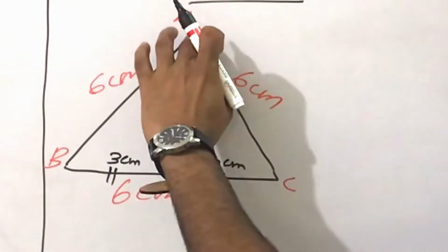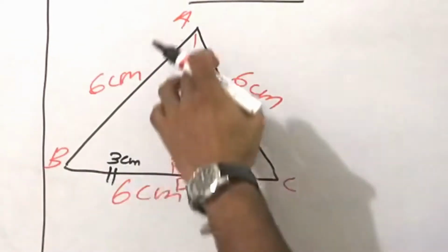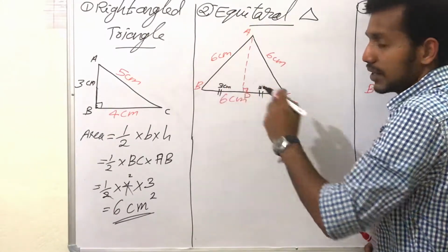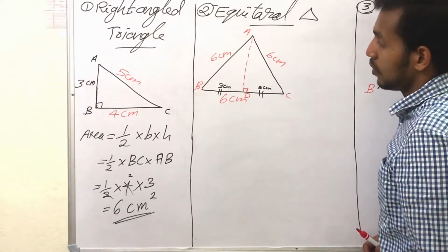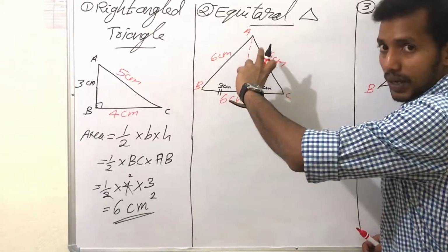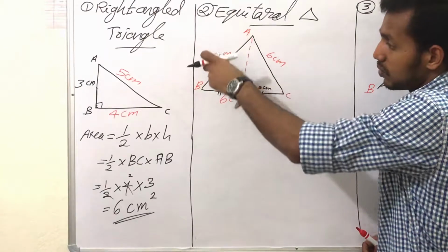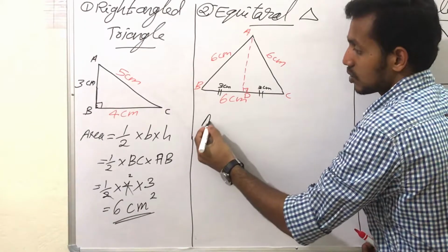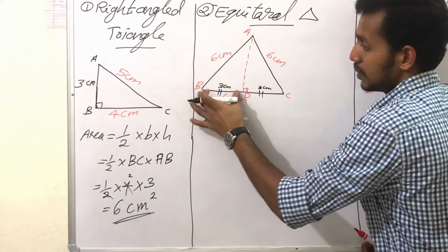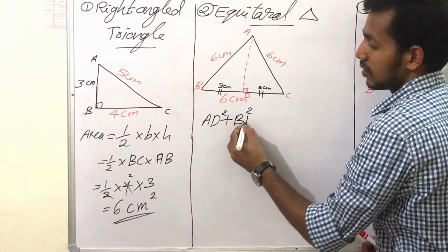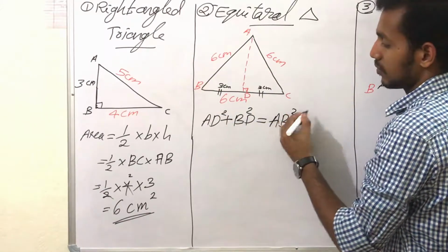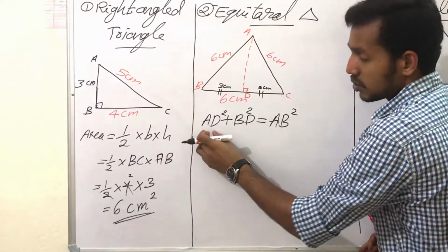Now we can find the altitude AD by applying Pythagoras theorem. Apply Pythagoras theorem in triangle ABD. So what will we get? What is Pythagoras theorem? Square of hypotenuse is equal to sum of the squares of other two sides. So we will get AD square plus BD square is equal to AB square. Now AD square we need to find.